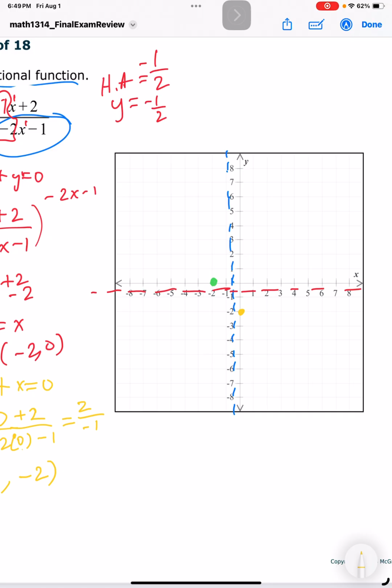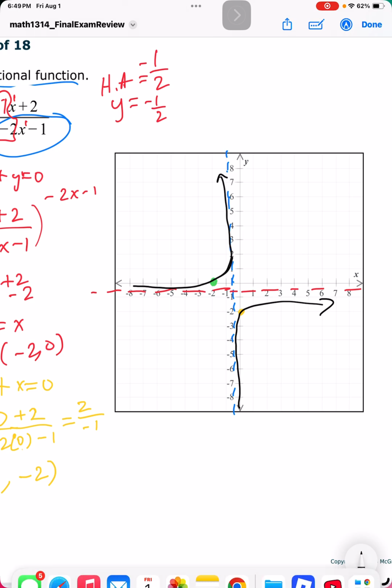So ultimately what we can determine, and of course you might want to get another few points, but we start to see something that looks like this. Ultimately I would feel like this is helpful and good for you to know, but we definitely want to figure out what it is in Desmos.